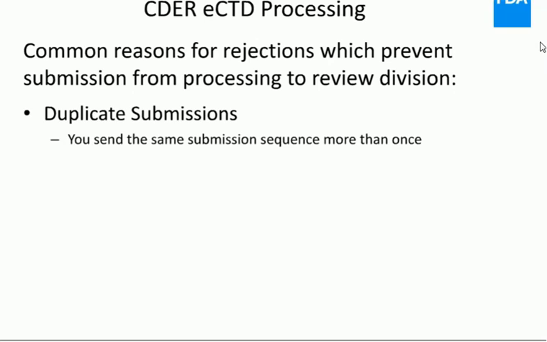And then a couple of months later, you may send in an amendment to it. If you use the same sequence number for your amendment, if you use 0001 for your amendment, our automated system is going to reject that submission because you already have used sequence number 0001. You need to increment to the next sequence.